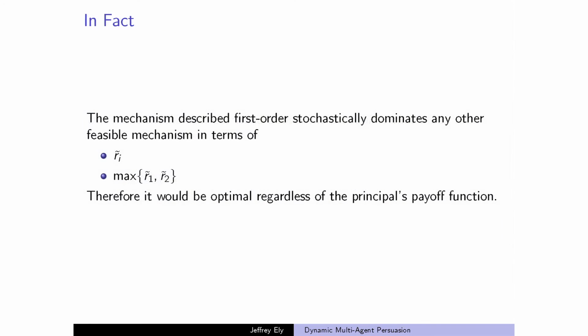This says if you take any incentive compatible joint mechanism, this mechanism first order stochastically dominates it in terms of the date at which the second agent runs. And that's why I said that this mechanism is going to be optimal under any payoff function. Because you can't do better than the individual optimum, which we're achieving on the margins, and you can't do any better simultaneously on the date at which the bank run happens.